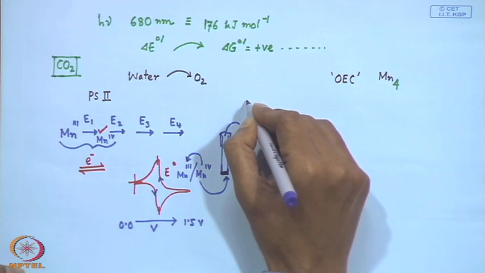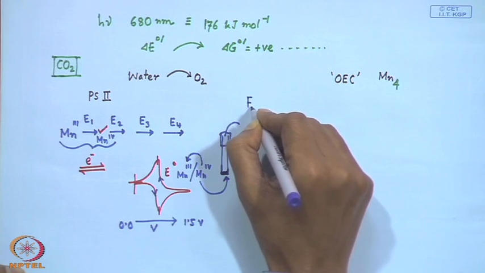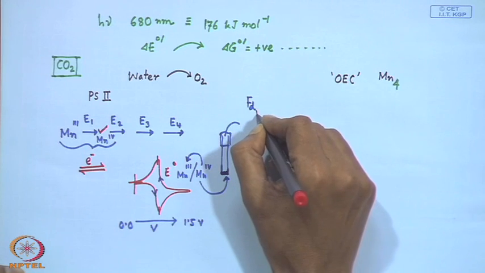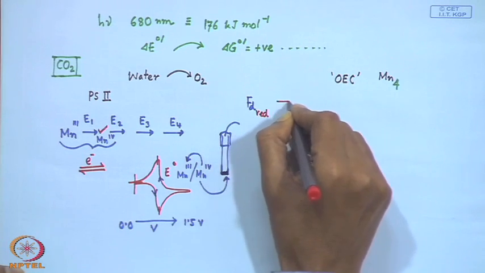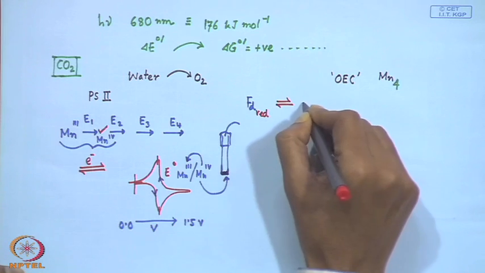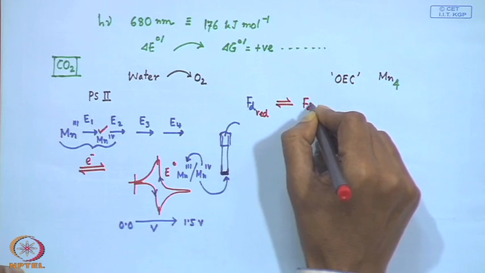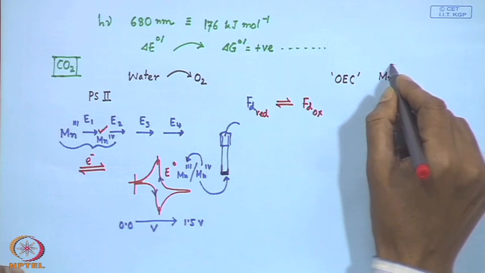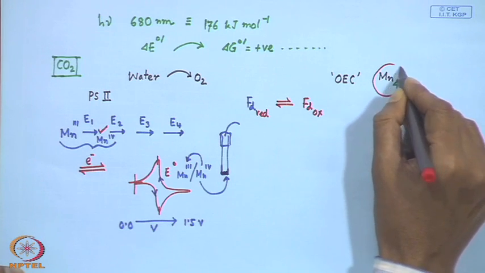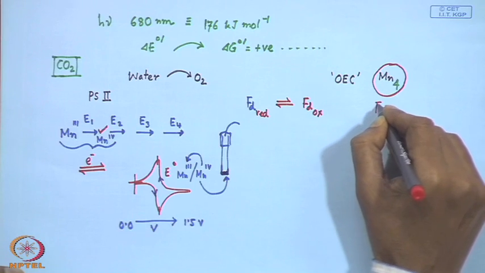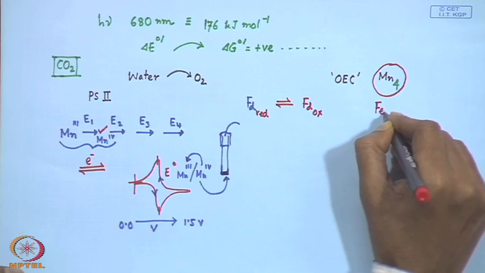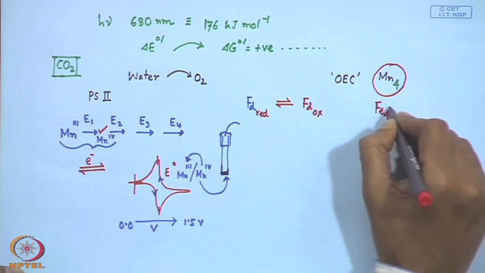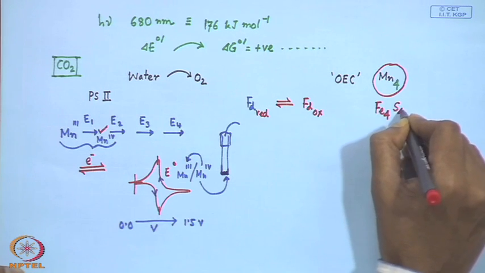Whatever species you have, even if you just talk about the corresponding ferredoxin, one in the reduced form and another in the oxidized form, it has a very good correlation with the well-known species, the Fe4 ferredoxin molecule, the iron sulfur protein, Fe4S4 species.